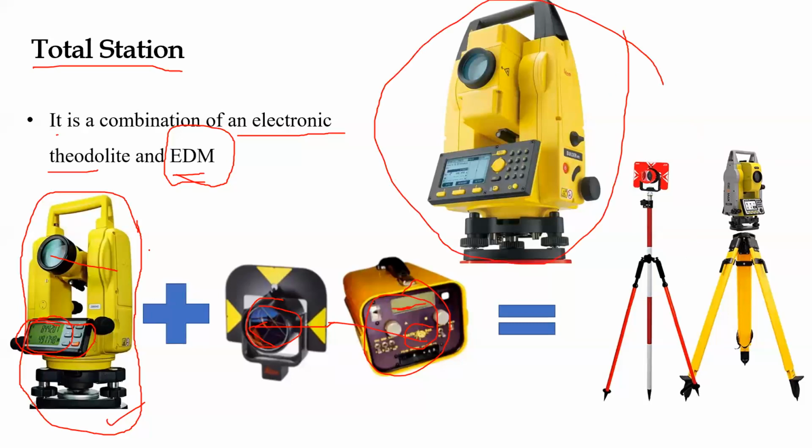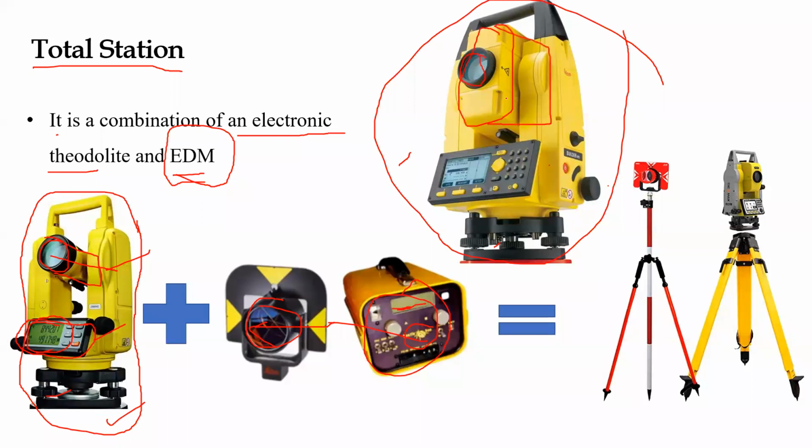Now what is the difference between this and this? As a layman, the key difference I see is that there is a display here, and there are different types of screws. You can see that in the electronic theodolite only one telescope is there, but here along with the telescope some kind of box is available.